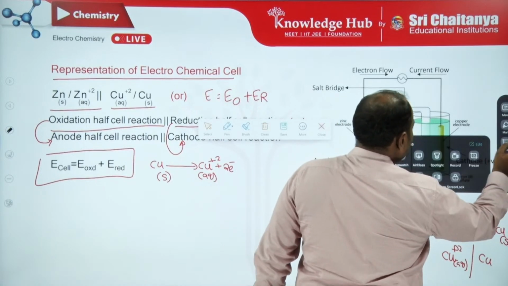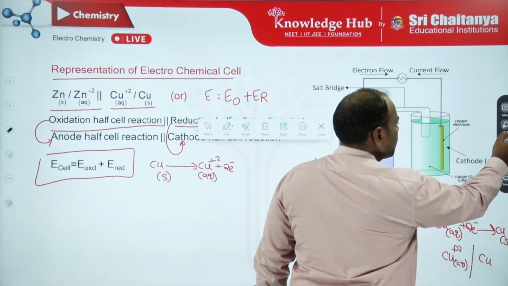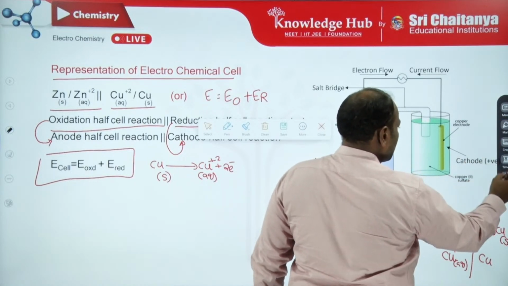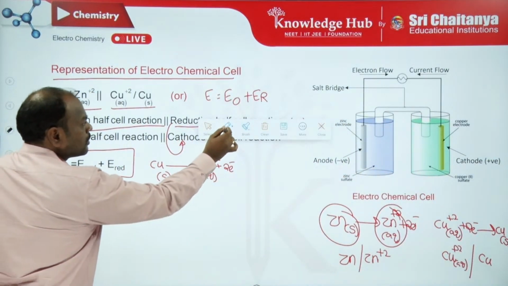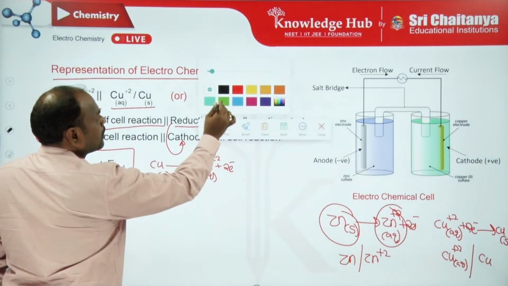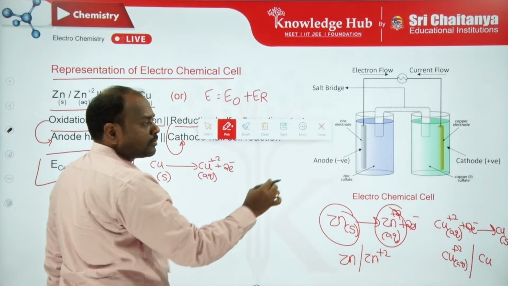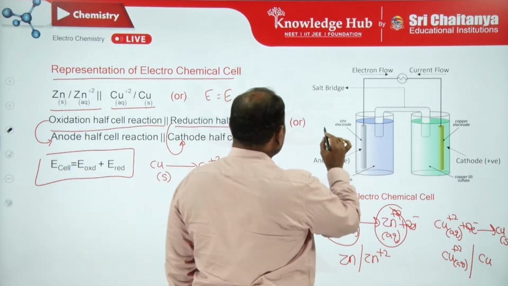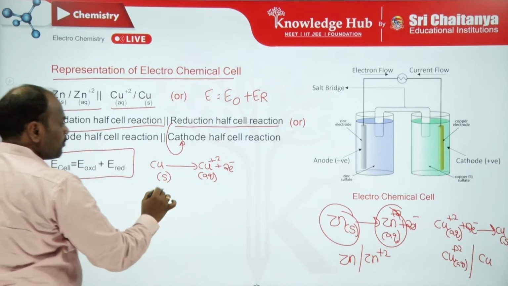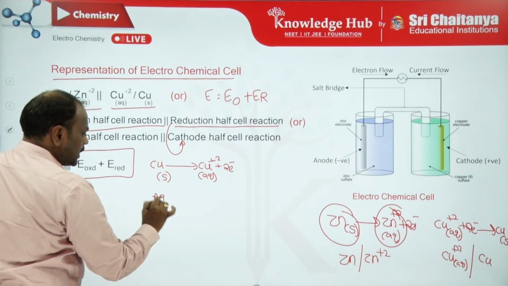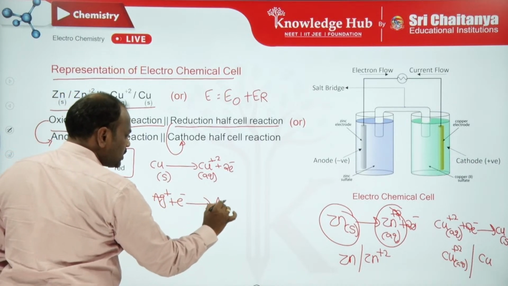Ag plus gains the electron and is converted to Ag.